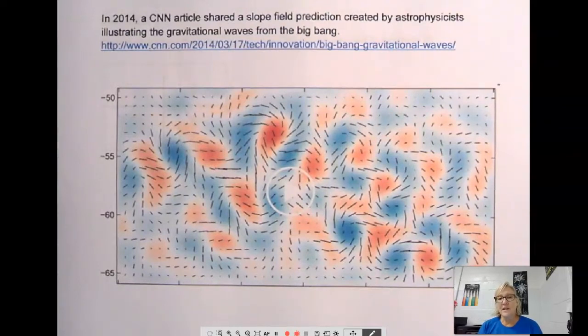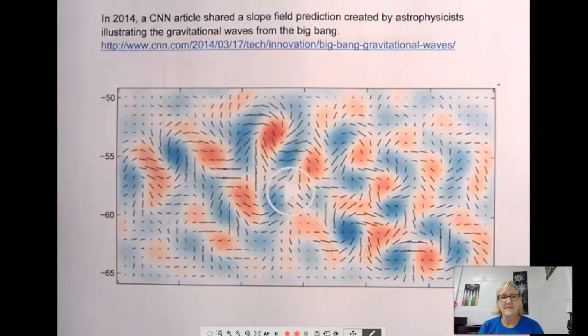And what it is a slope field of is a bunch of astrophysicists got together and studied the Big Bang, gravitational waves, etc. And they put together this video of what they thought the gravitational pull and waves due to that during the time of the Big Bang were like. And the whole graphical presentation is slope fields. So, I mean, this is a chaotic slope field, but a slope field nonetheless.